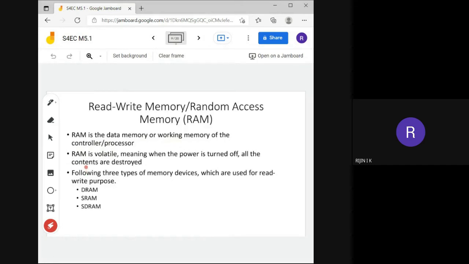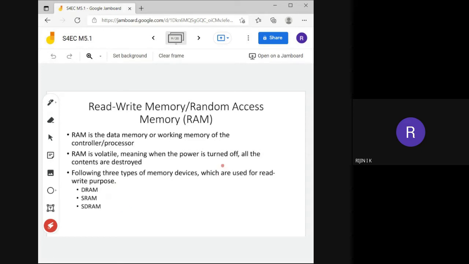RAM memory is the working memory of the processor, and it is volatile in nature, and when the power is turned off, all the contents in the RAM memories are destroyed. And these are the three different types of RAM memory. What are they? DRAM, SRAM, and SDRAM.